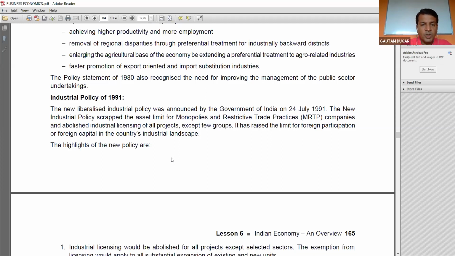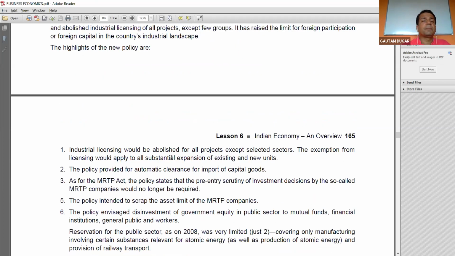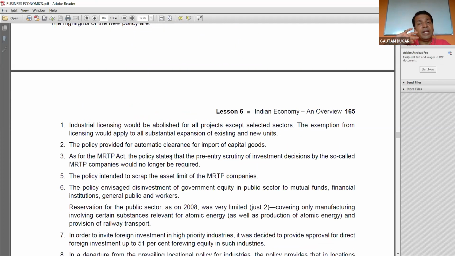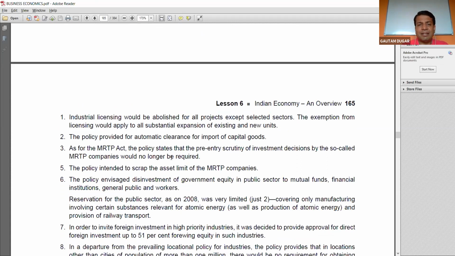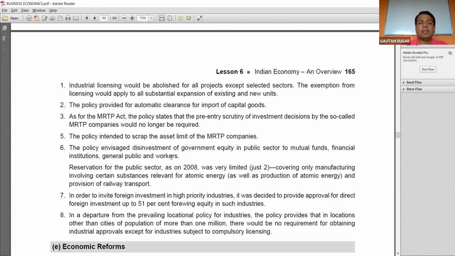Basically, in this policy, we introduced LPG: liberalization, privatization, and globalization. The licensing system was abolished to a great extent. The MRTP Act was abolished, basically.